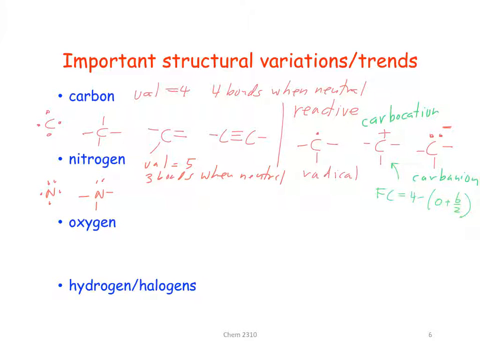It can have a double bond and a single bond, or you can have its non-bonding pair and a triple bond to something else. In each of these cases, these are bonds to some other atom. All of these would be neutral. We could have reactive species over here. We can have nitrogen with 4 single bonds to it. This ends up having a plus charge. This is called an ammonium ion.